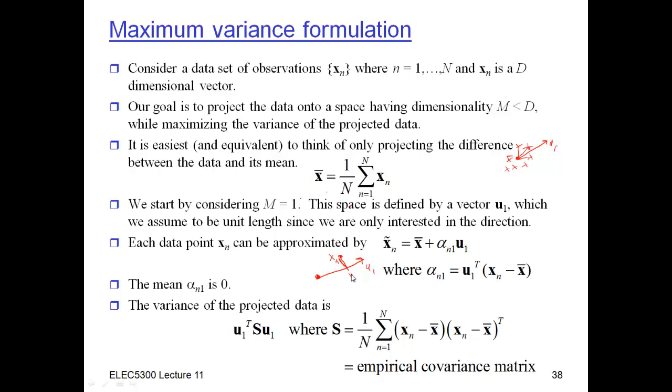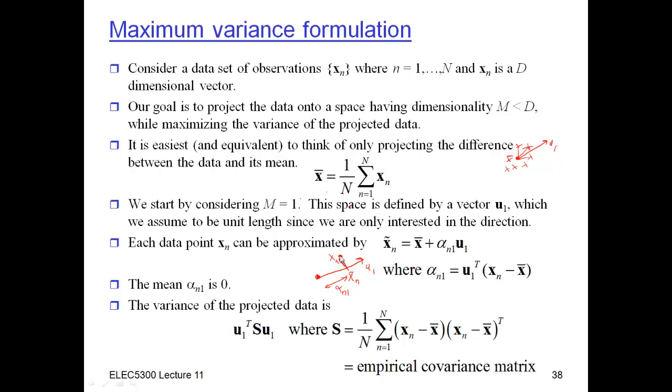This is my x tilde sub n. And then this distance here is just alpha sub n1. It's just the distance to get as close as I can to xn along this direction u1.